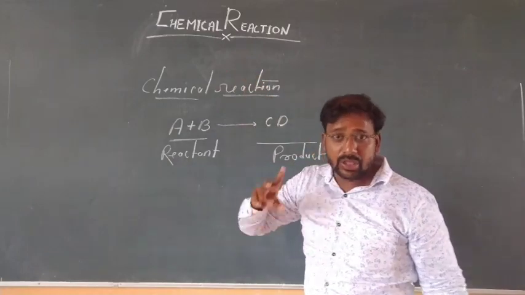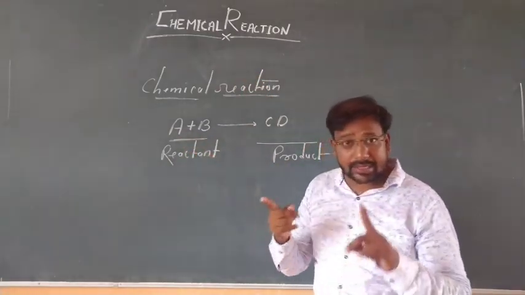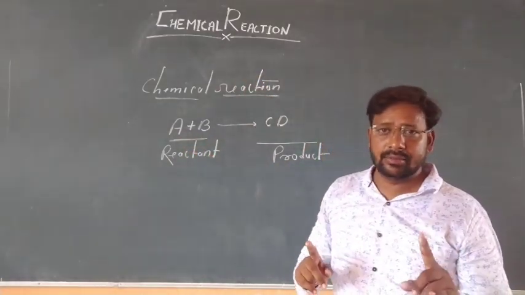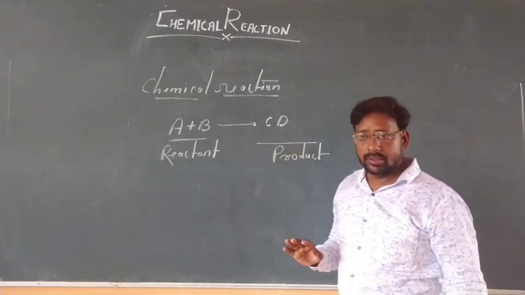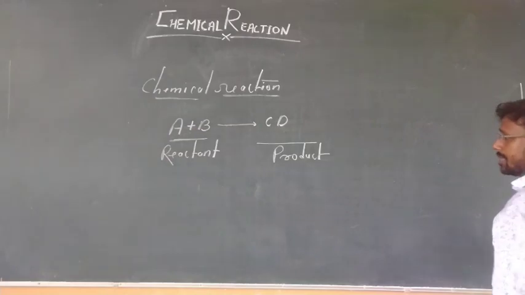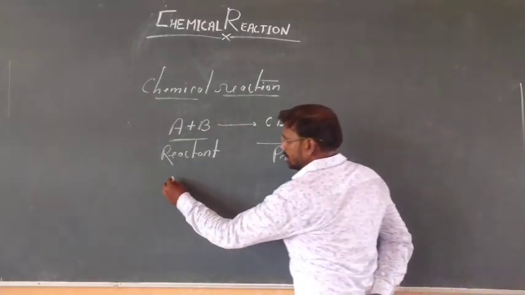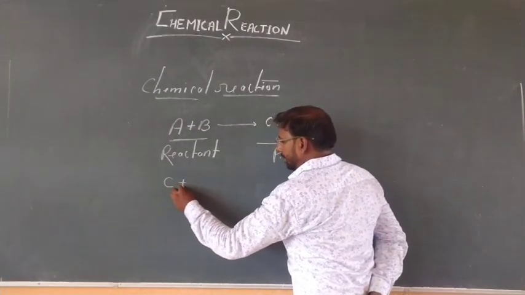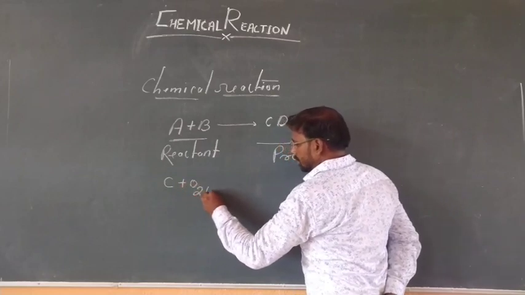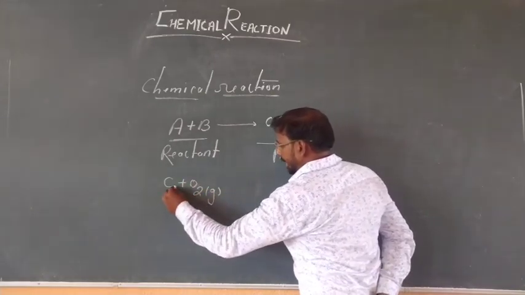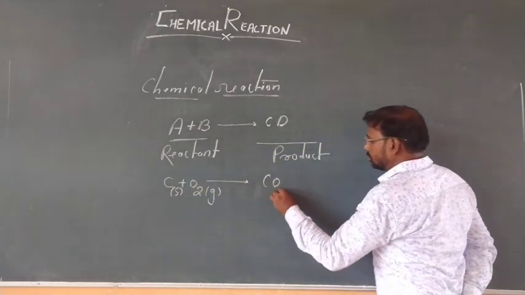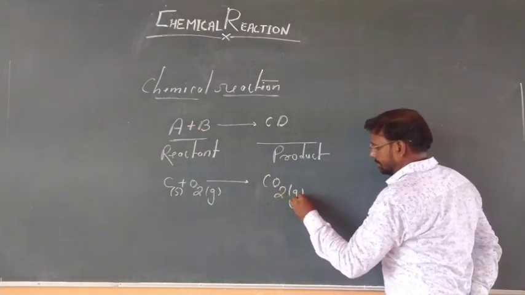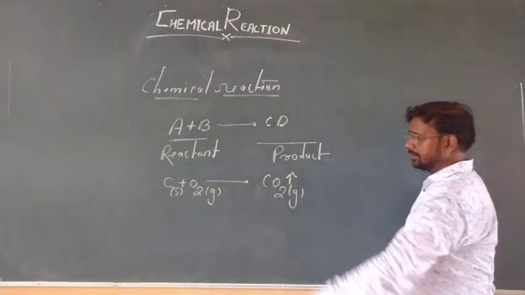The reaction in which two or more substances combine chemically to form new substances. Okay, I am going to give you some examples. Suppose carbon reacts with oxygen. I will write g here and I will write s, like that. Then you will get CO2 gas. I am putting an arrow like that.